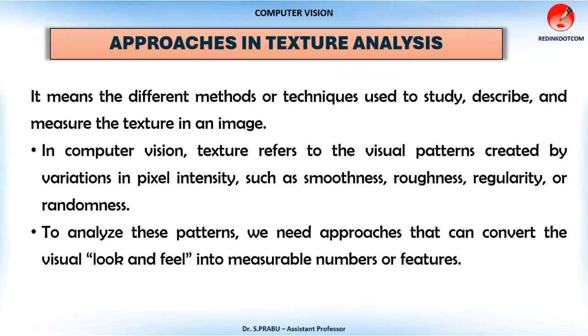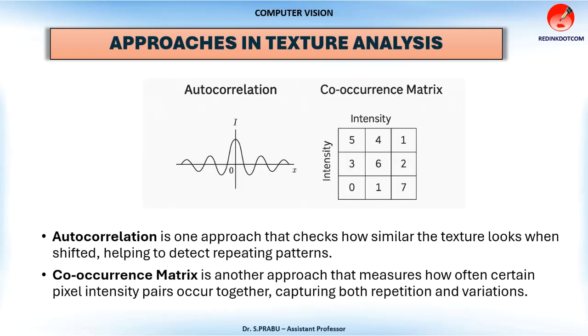These techniques help us convert the visual look and feel of texture into measurable features that a computer can understand. Once the texture is represented in numerical form, it can be used for tasks such as classification, segmentation, or object recognition. So, texture analysis is essentially about transforming visual patterns into data that can be processed and interpreted by machines. Now let's look at two important approaches in texture analysis.